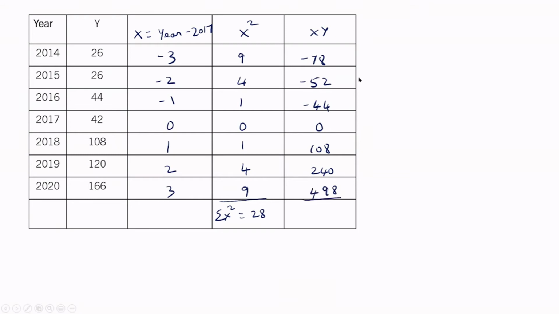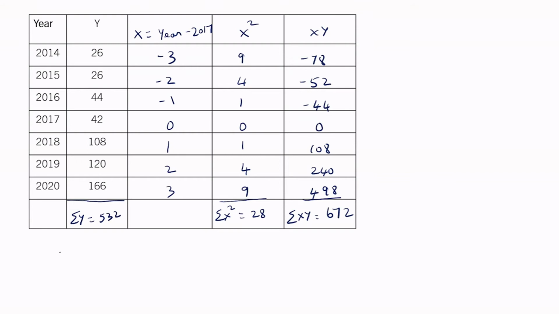Now if we find the summation xy, it will be minus 78 minus 52 minus 44 plus 108 plus 240 plus 498. So it comes out to be 672. And here summation y is, when we add all these, we get 532.